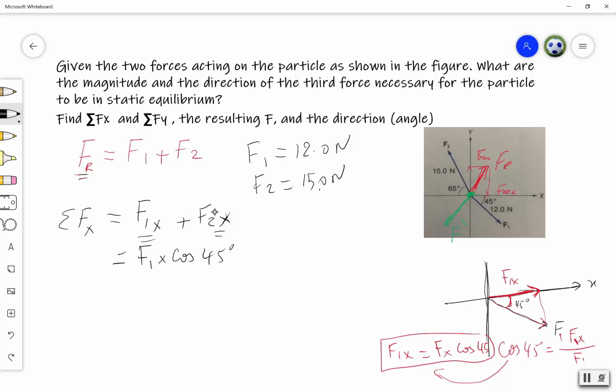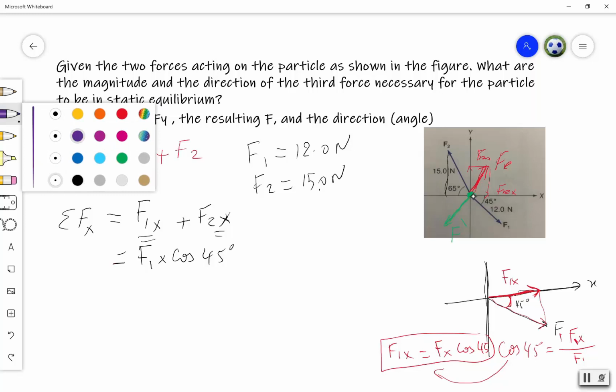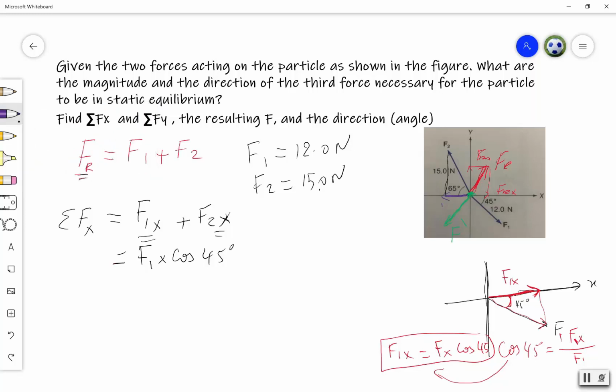What do we do with F2x? We need to find the component of F2 on the x-axis. Let me change the color here. This is the one, F2x. As you can see, this angle here, if I take the cosine of 65 degrees, it gives me the adjacent, which is F2x, over the hypotenuse, which is F2.